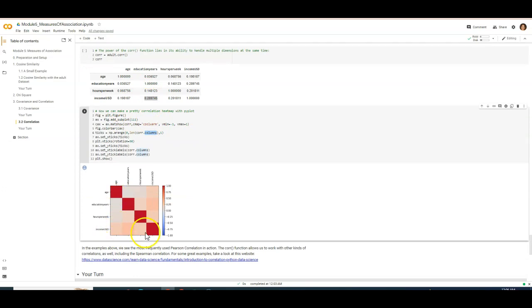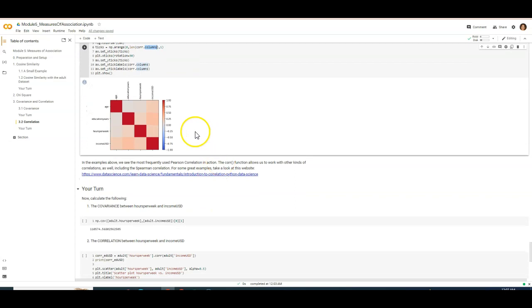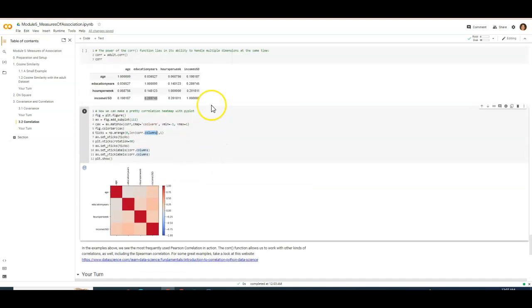And then we're seeing some weaker correlations right here. So a heat map can be pretty useful. It gives you a great visual, especially if you have a number of attributes that you're trying to compare, and you have lots and lots of numbers here. So this is where a heat map can come in really handy.